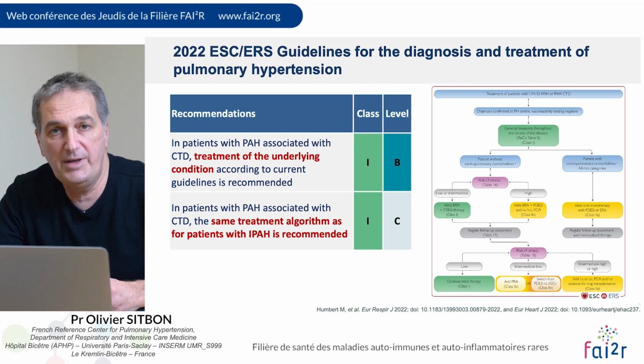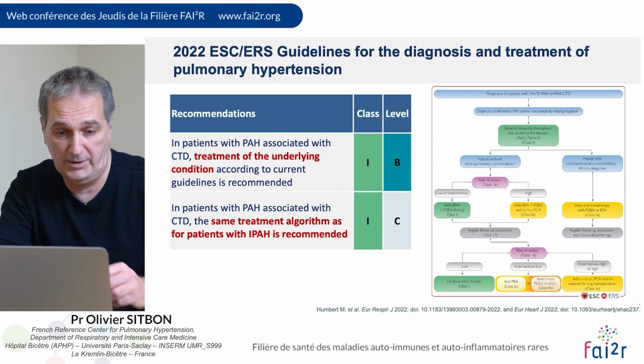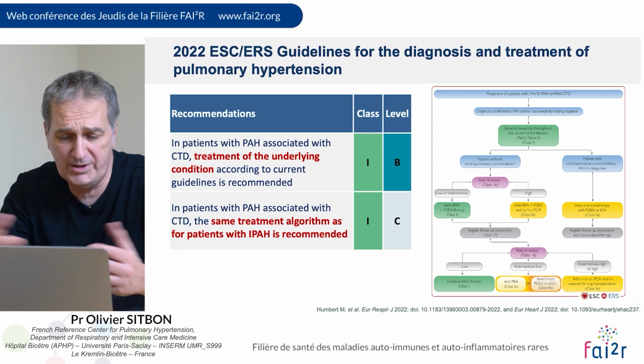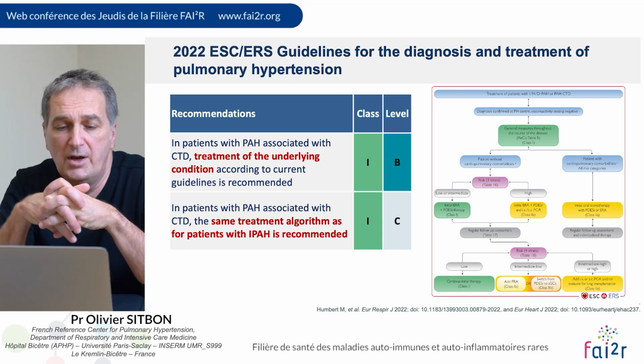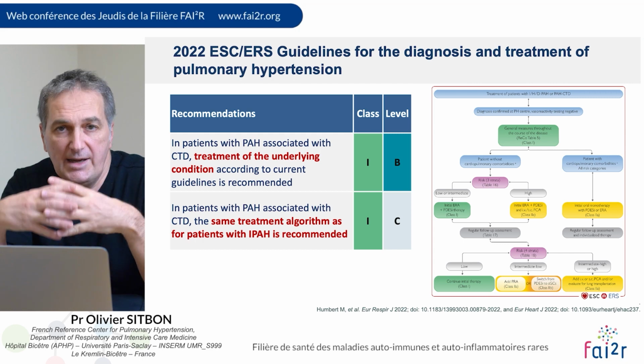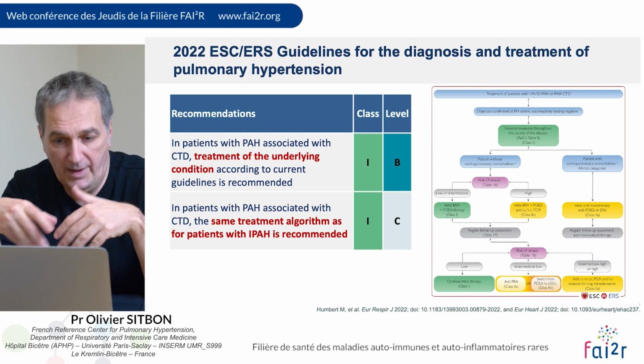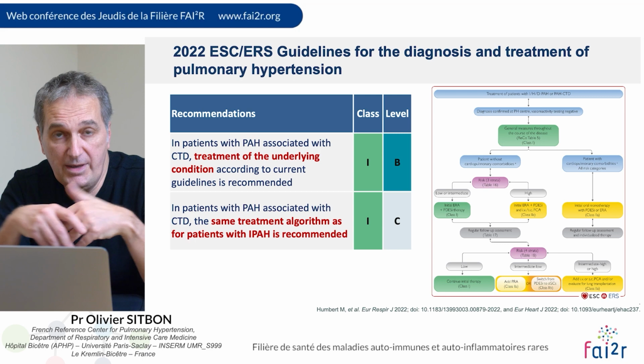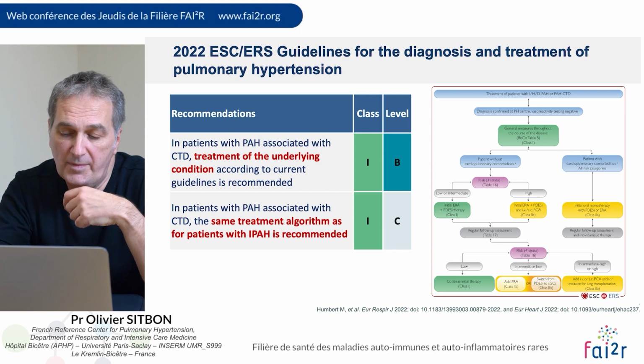Then, in patients with PAH associated with connective tissue disease, and in particular in scleroderma, which is the most important number of patients in this subgroup of patients, the same treatment algorithm as for patients with IPAH is recommended.